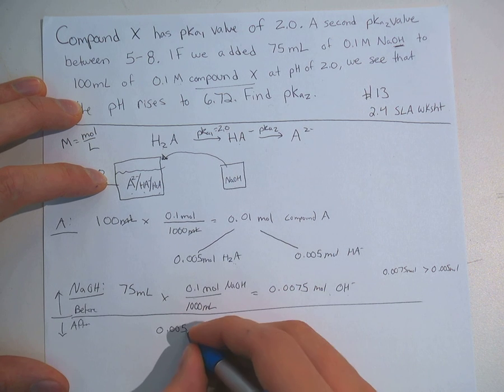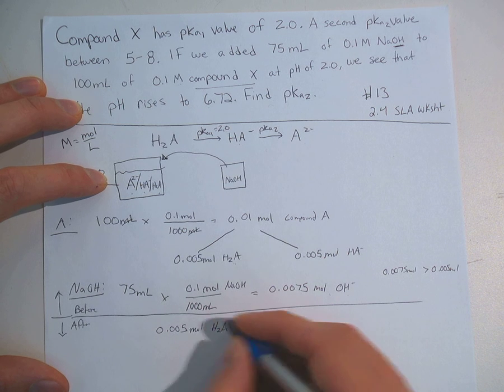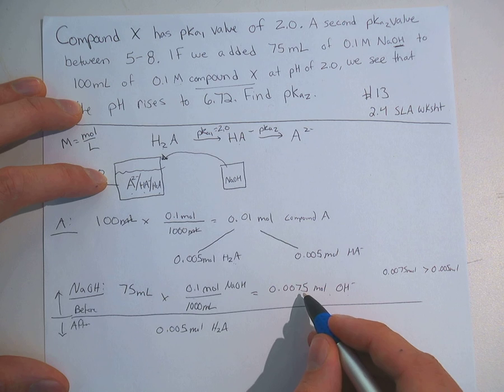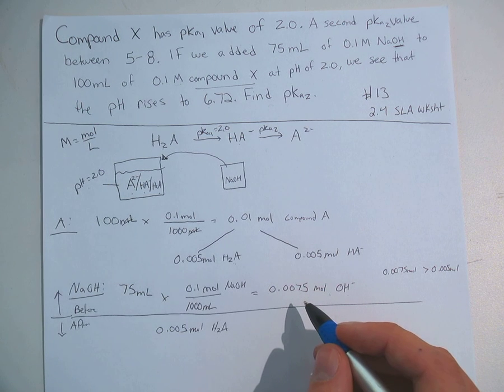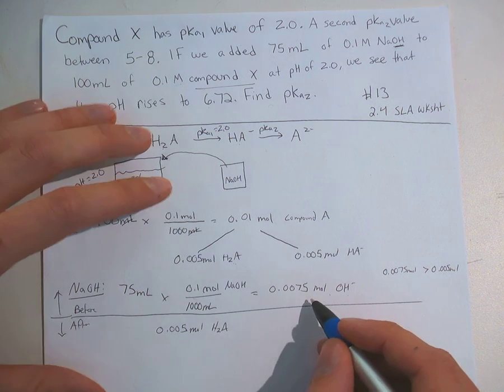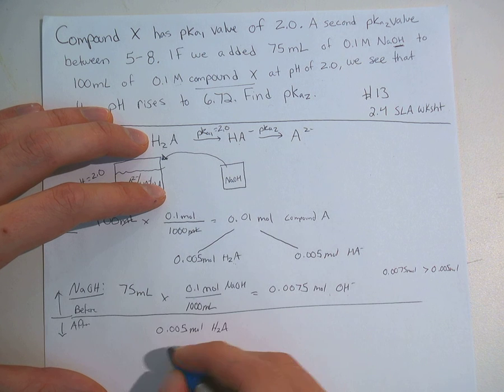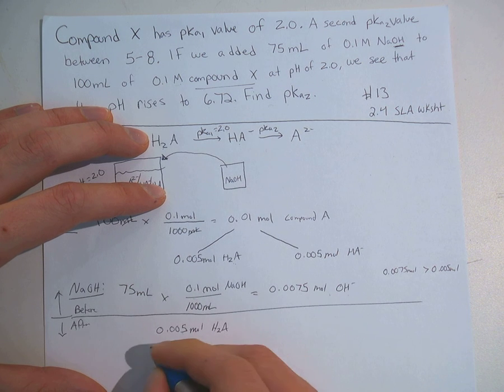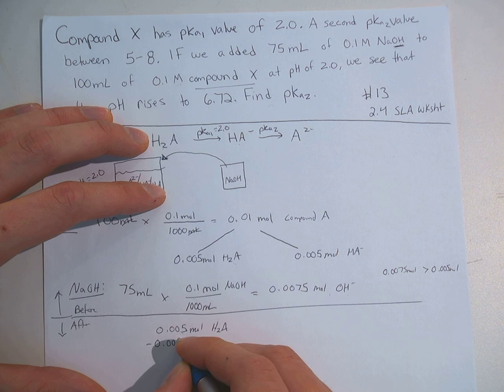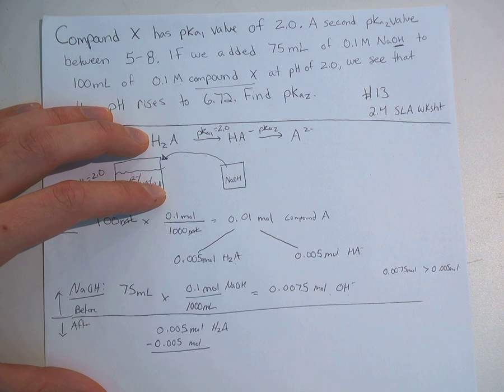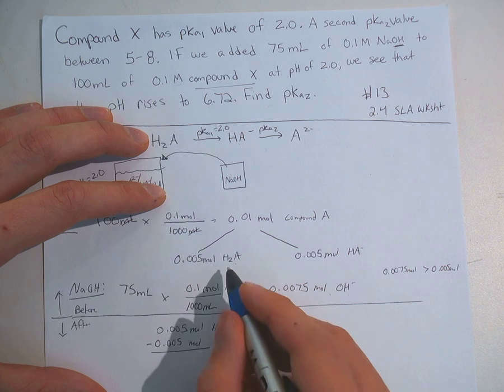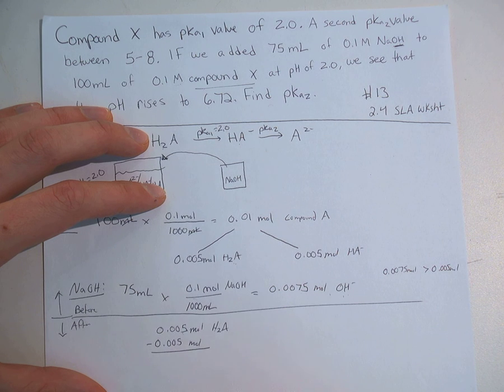So I got 0.005 moles of the H2A, and I'm going to react that as much as I can with my base. So I can only react as much as I have. So I'll subtract that. So I'm going to use up 0.005 moles because that's going to be reacting with my base. Therefore, if you react, you subtract.